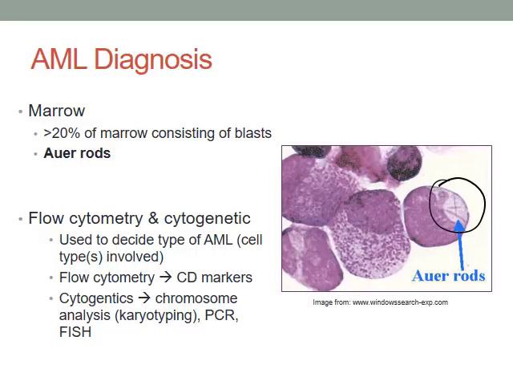The Auer rods are considered 30% sensitive and 100% specific for AML. You may see them in some other types of leukemias, but overall, when you hear Auer rods, you should be thinking AML. As we mentioned before, flow cytometry and cytogenetics are also really important in the diagnosis of AML.